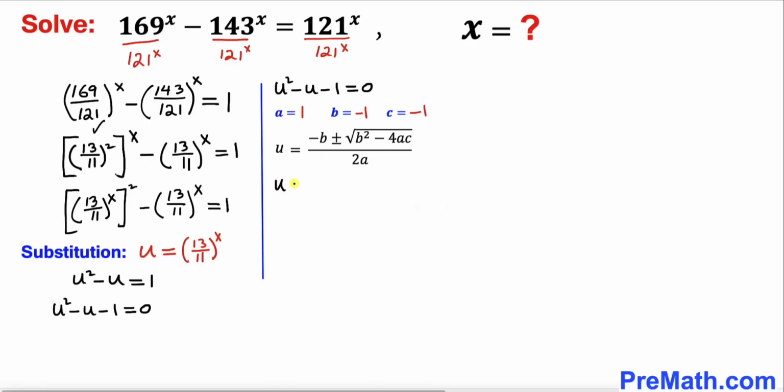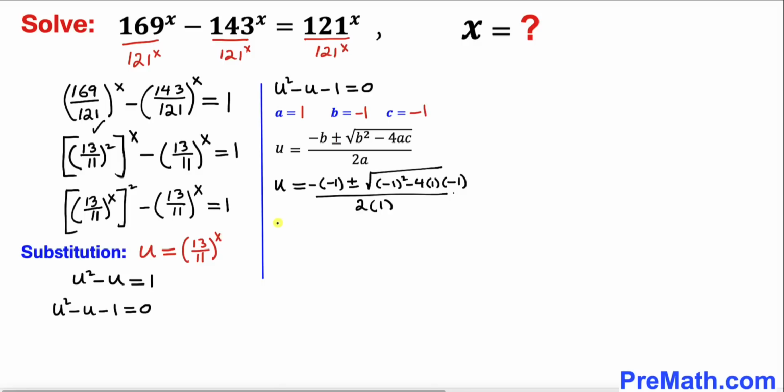So u equals negative b, and b is -1, plus or minus the square root of b, in our case -1, squared minus 4 times a, which is 1, times c, which is -1, divided by 2 times a, which is 1.